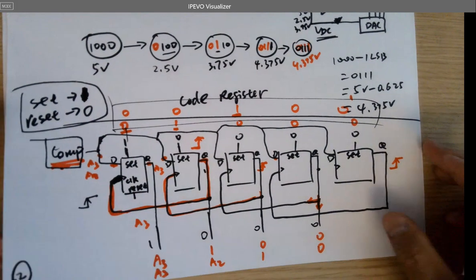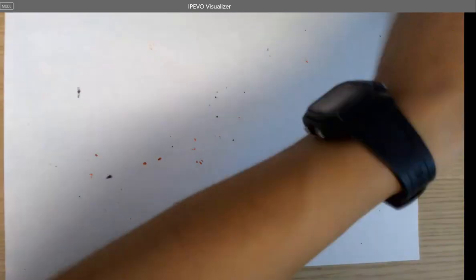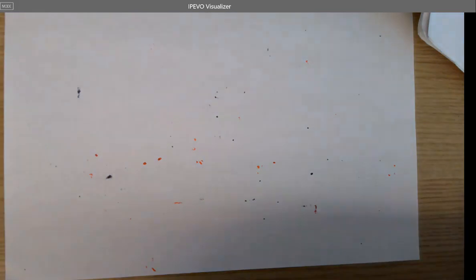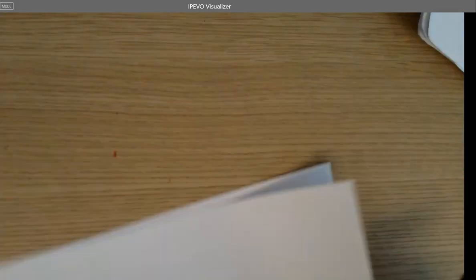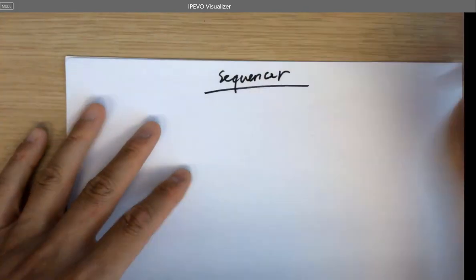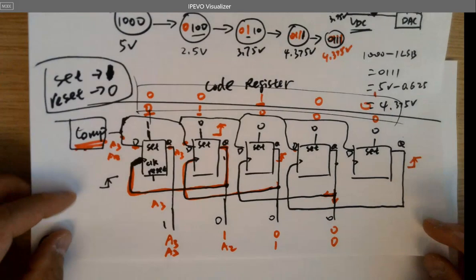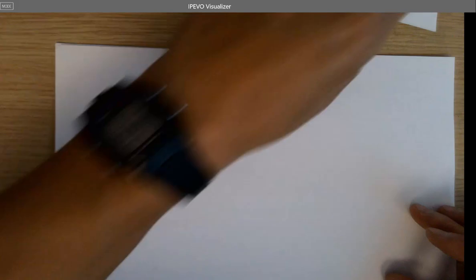We're going to build this in LTSpice. It's going to work. So now let's look at the sequencer. The code register is this guy, and the sequencer will be another 5 D flip-flops on the top.